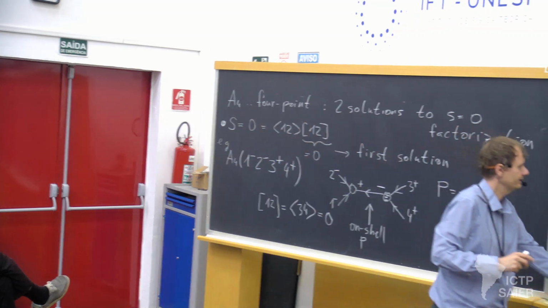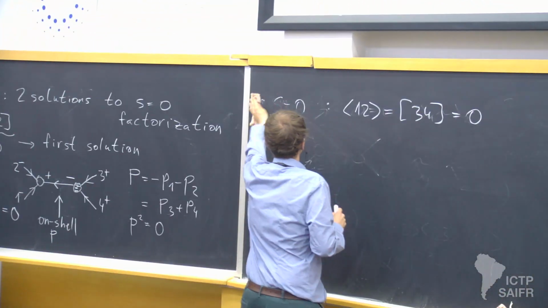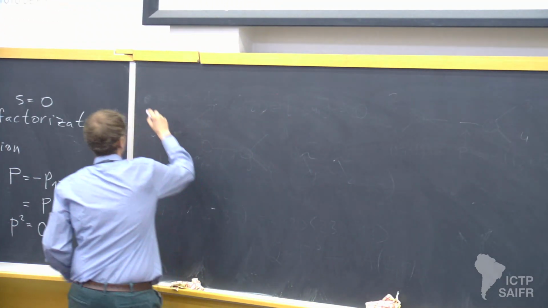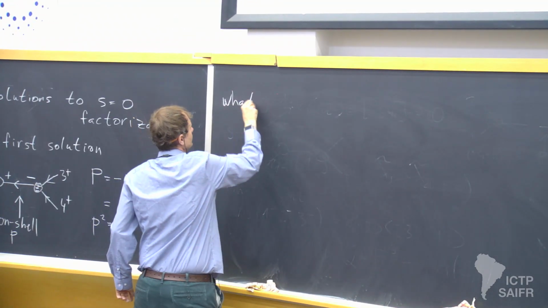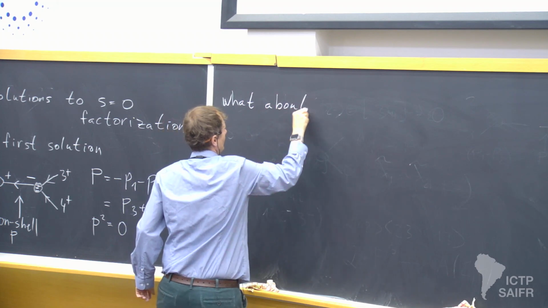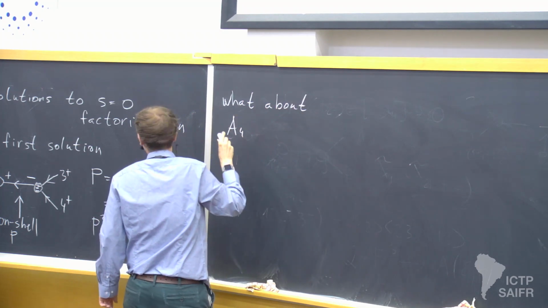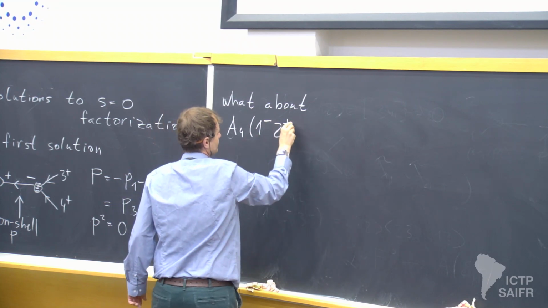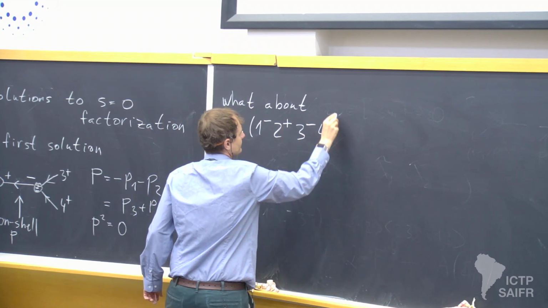So maybe let's do it now to make this clear. So sorry, I'm now erasing that. What about the amplitude, which was 1 minus 2 plus 3 minus 4 plus?